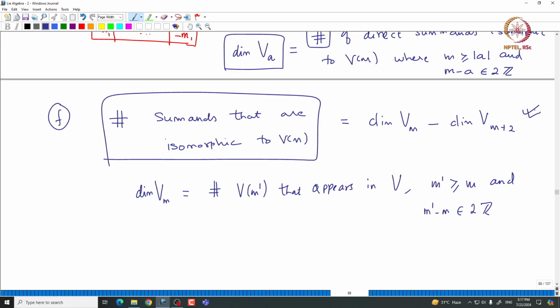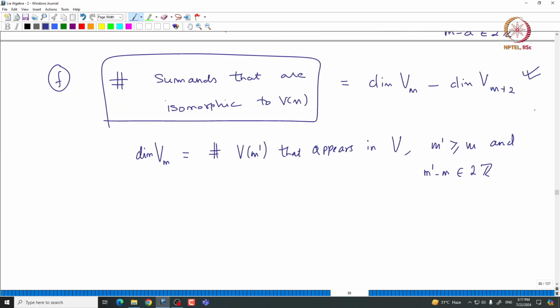Okay. So, this is again a very easy formula that one can actually prove using the observation. Now, it is also immediate that if you are interested in counting the total number of summands that appear inside your module capital V, that means k1 plus etcetera plus kr.